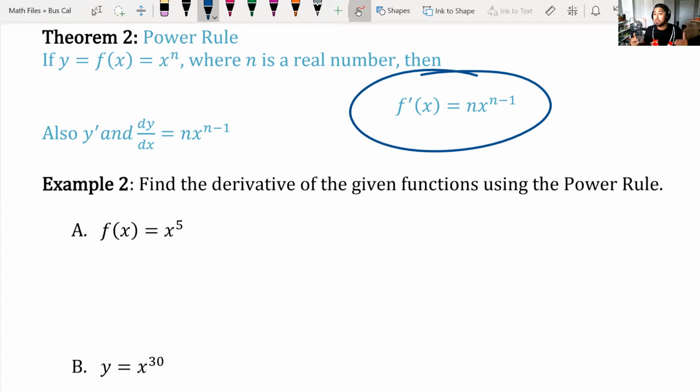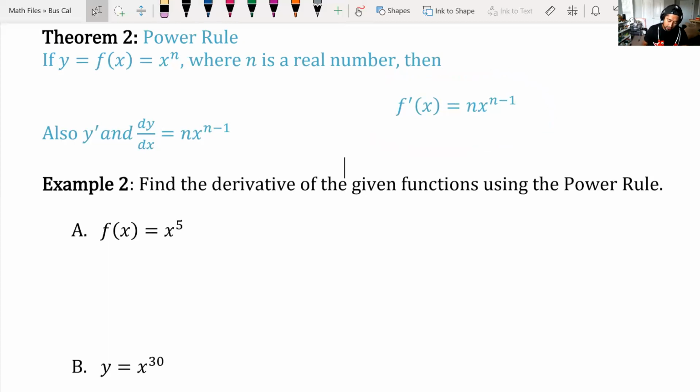So all this says is take the power down, move it in front, and subtract 1 from the original power that was there. That's it. That's all it says. So power rule is now your best friend from now on. Not before, but now.